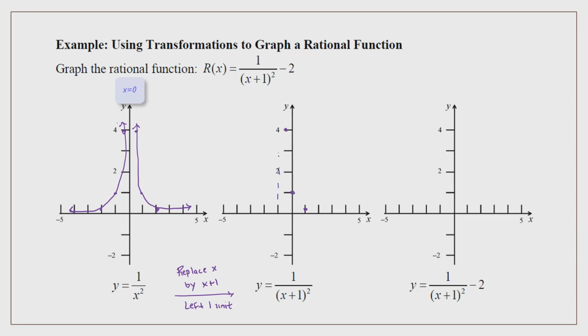So let's just draw a dashed line for now, because this will help me in graphing this rational function. So now I'll have (1, 1/4), I'll have (2, 1), and I'll have (3, negative 3, 1/4).